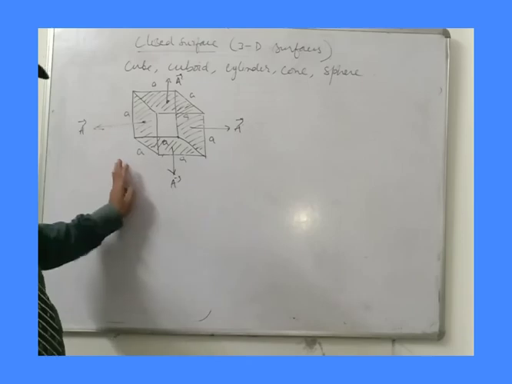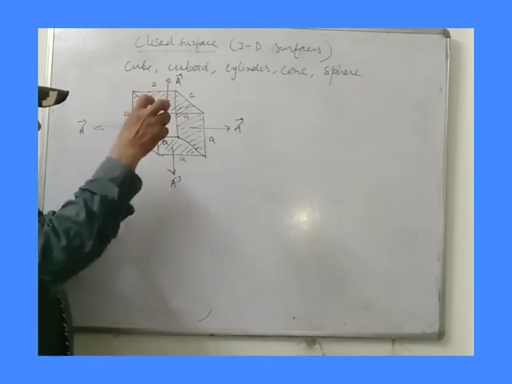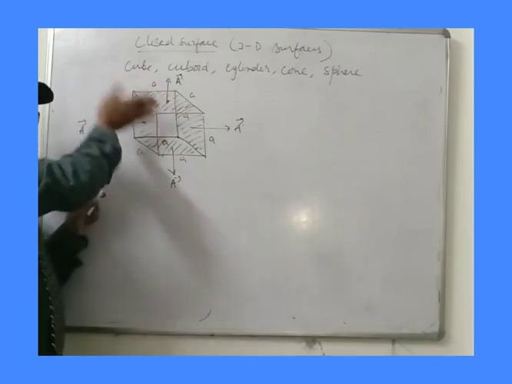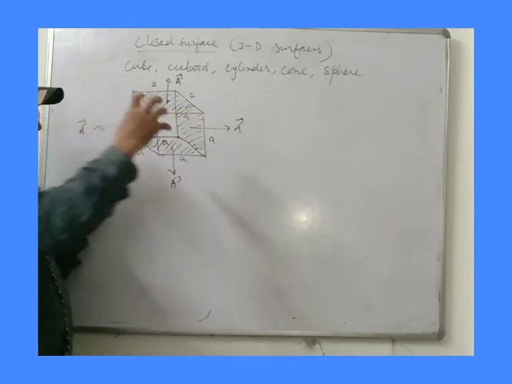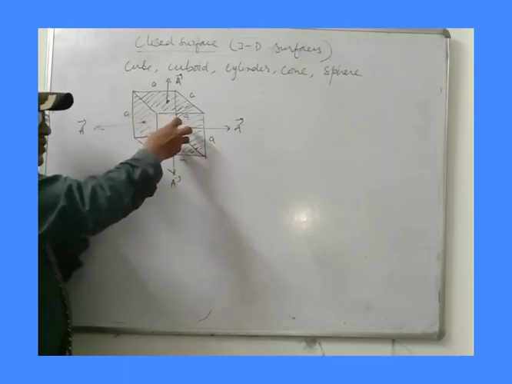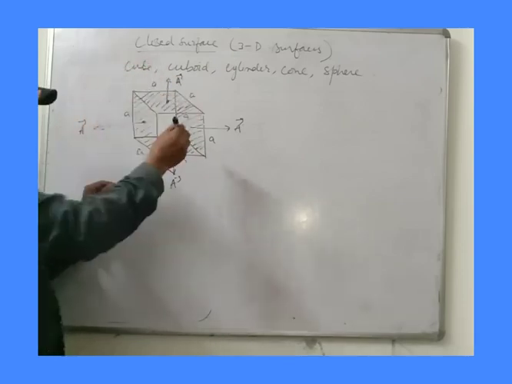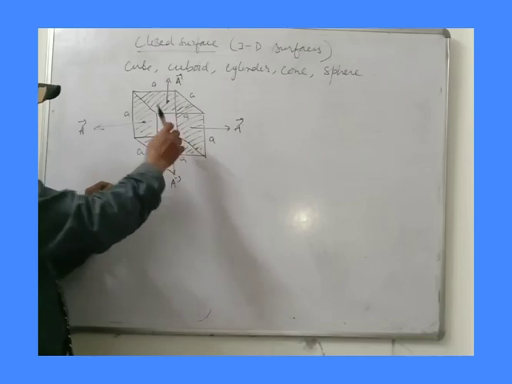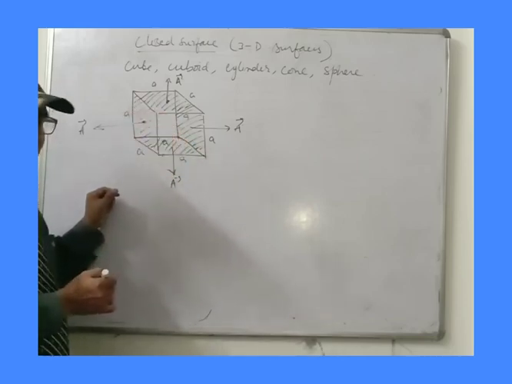Area vector will be in this direction. There are two more surfaces. One is this, front view, and one is at the back of that. Its area vector will be normally outward, like this, or normally inward, like this, inside.